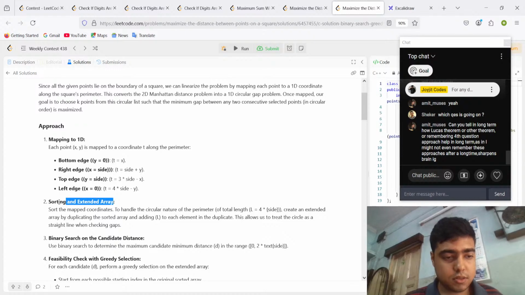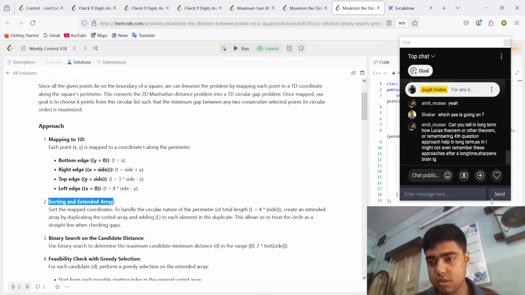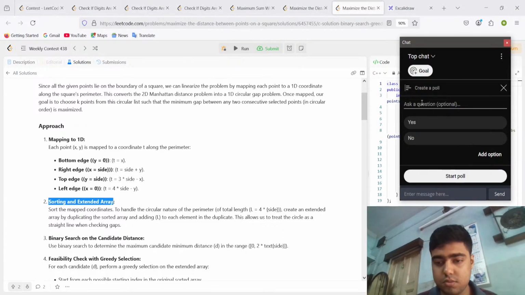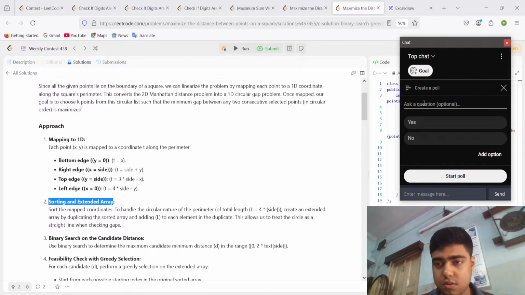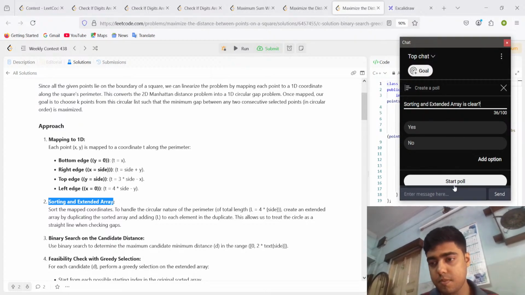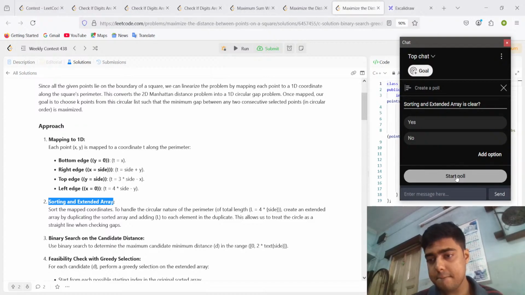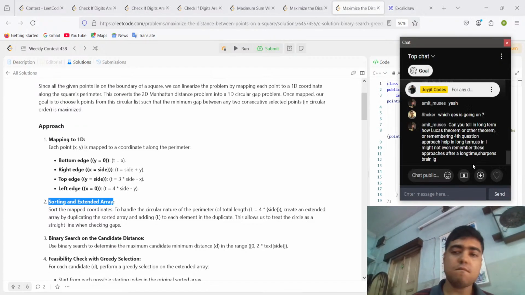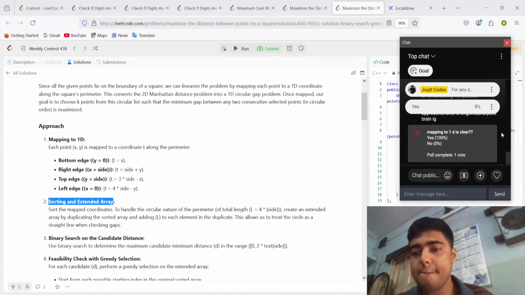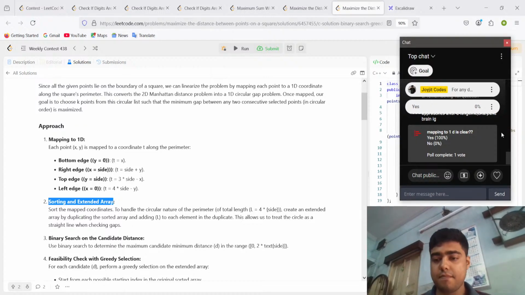Is it clear? Let me start a poll. Is this part clear?